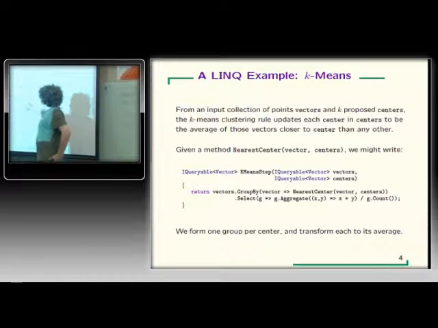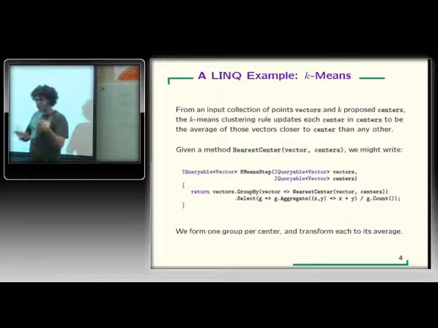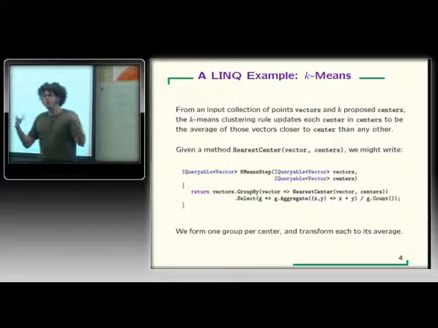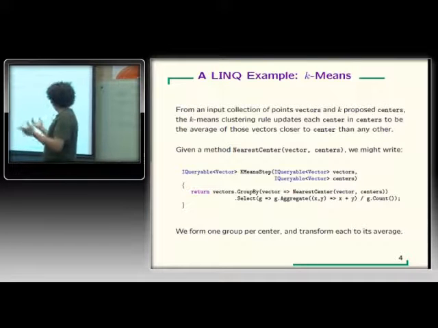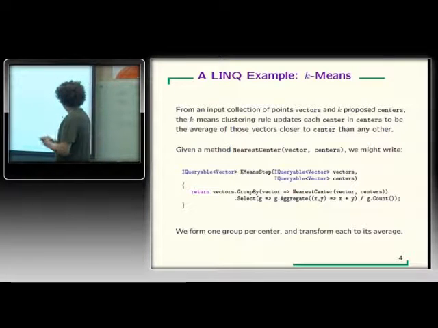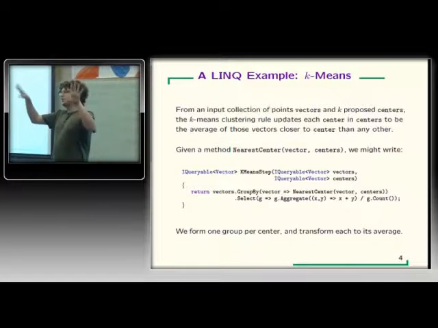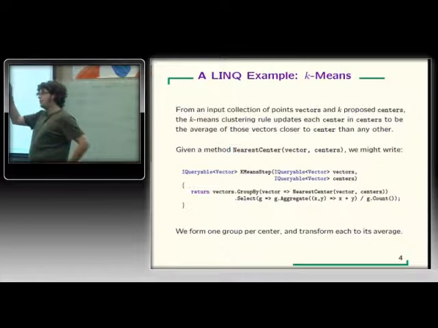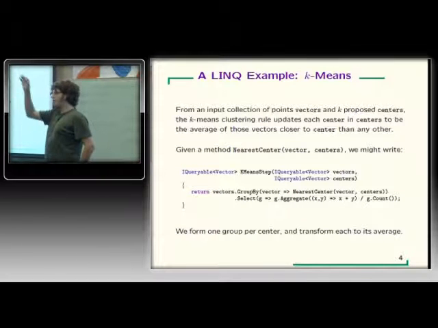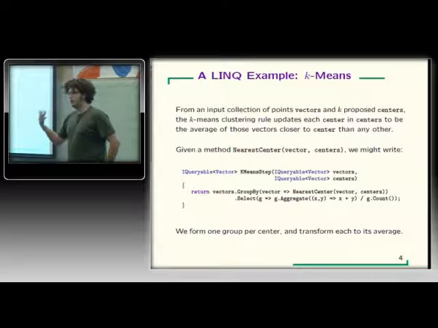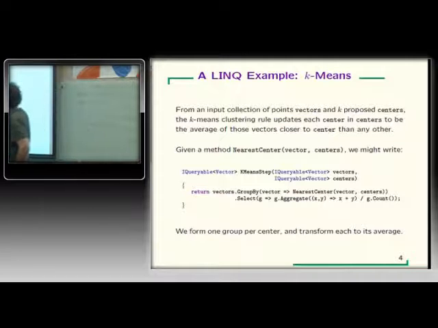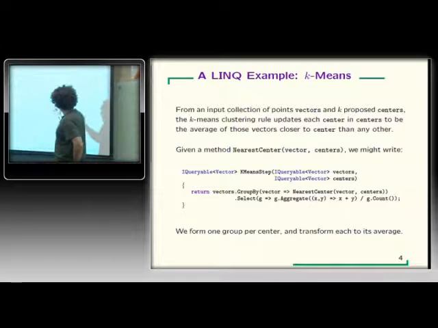I'm also going to have this be one of these LINQ objects, but it's going to be very small. It could be an array if you wanted on your local computer, maybe 10 or 20 or who knows how many centers. And as I described the algorithm, we took all of the points in space and we associated each point with a center and averaged everyone by the center with which they were associated. That's really not terribly complicated in LINQ. It's just a GroupBy first.